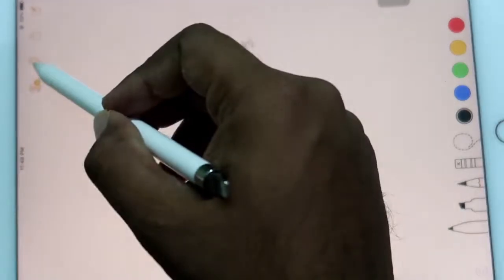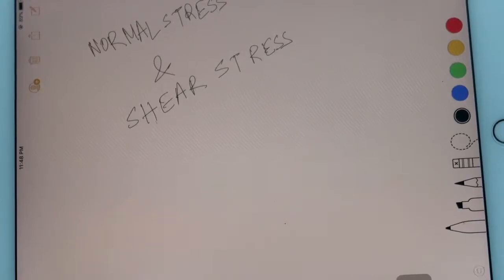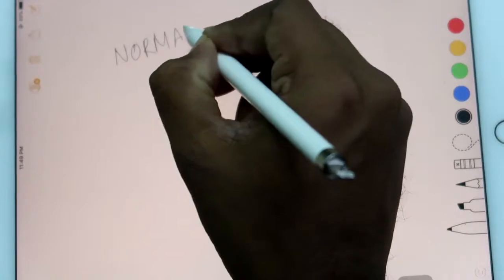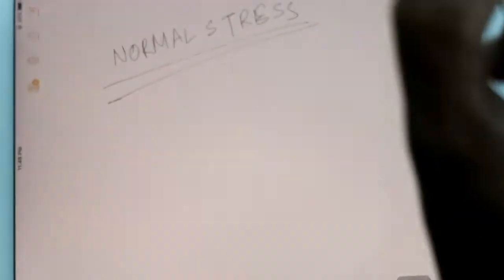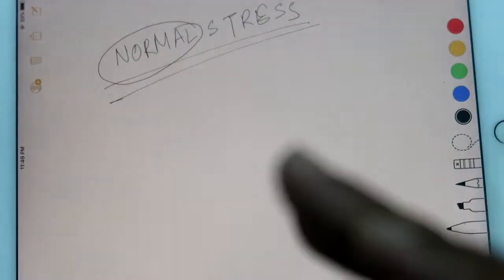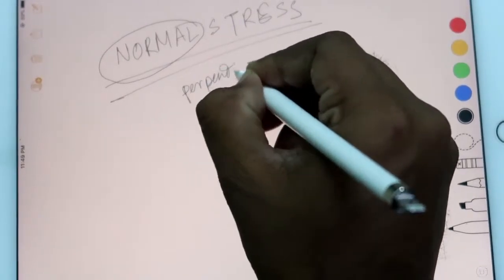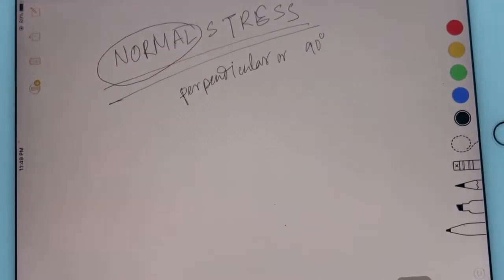So let's start with normal stress. When we hear the word normal, that is something related to perpendicular, or 90 degrees to each other.